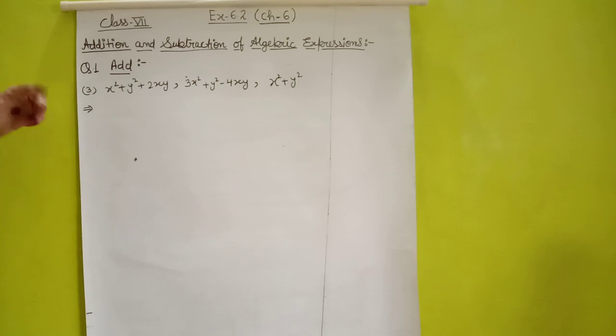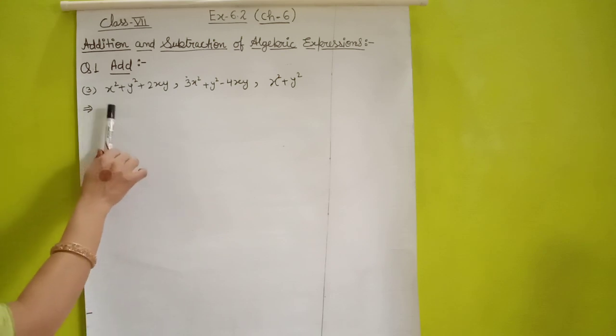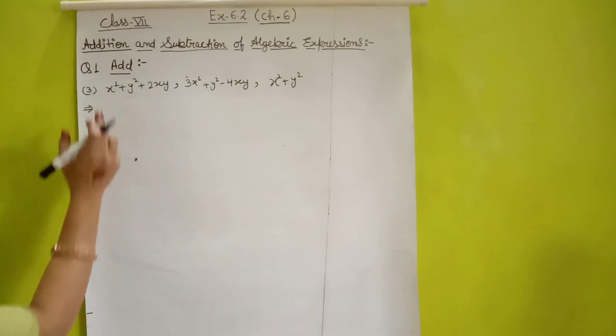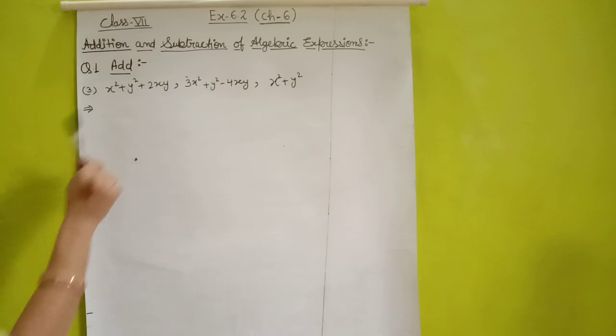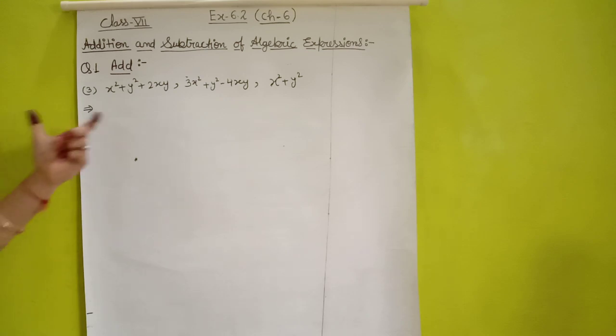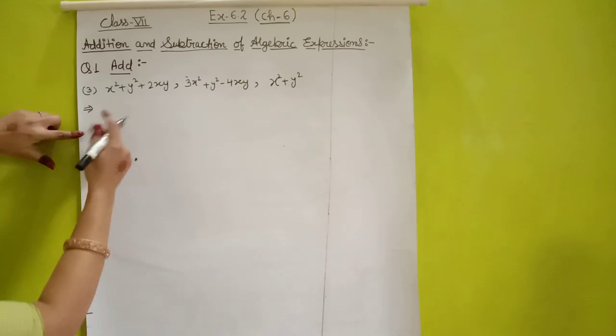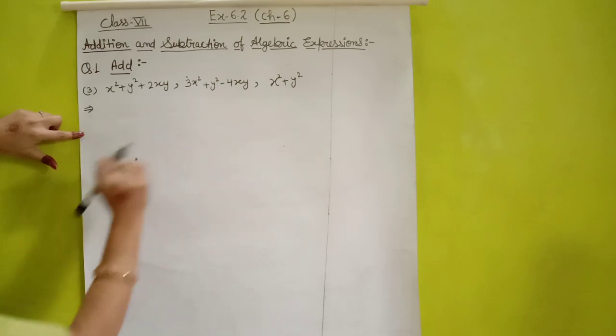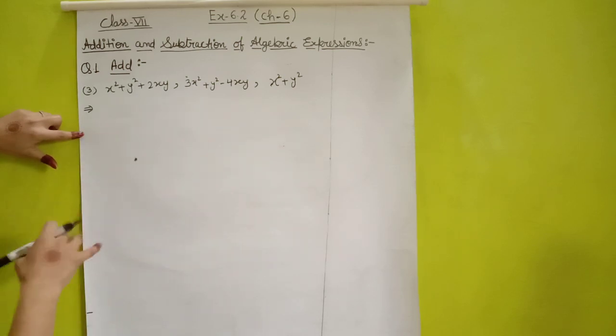In the last two questions we did only simple addition and subtraction. But here, because three terms are given within one expression, here three terms, here three terms, here two terms, it is not possible that we will solve it by writing in one line. It will be more confusing.